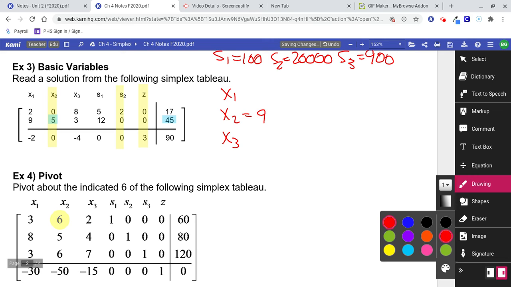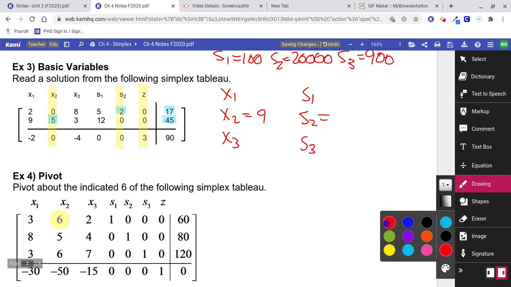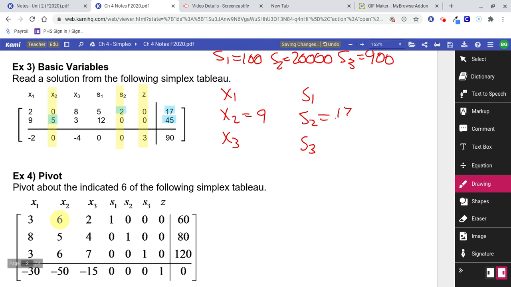S1, S2, S3. If you look at S2, your eye should be drawn to this 2, which should draw your eye to this 17. Think about the Gauss-Jordan process. You can ignore a lot of the other numbers and just look at the 2 and the 17, and your S2 value is 17 halves.